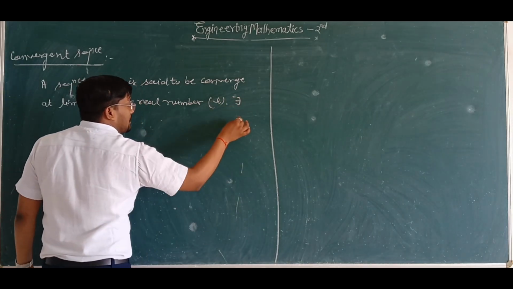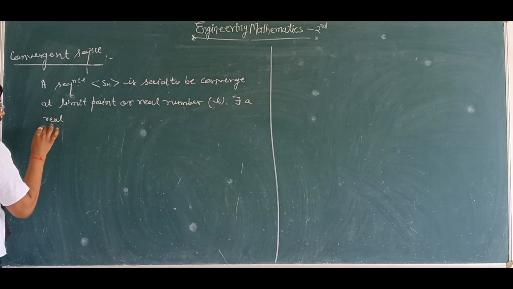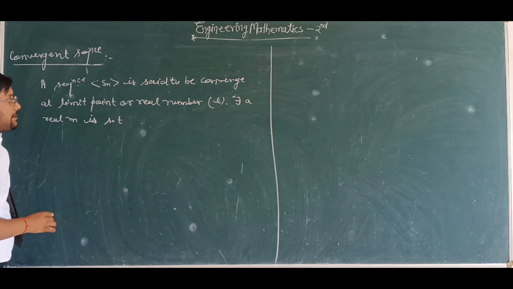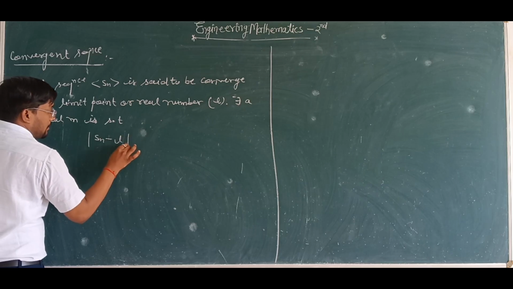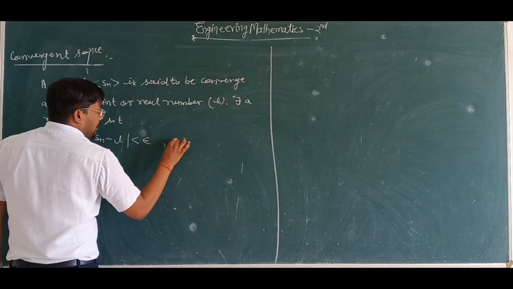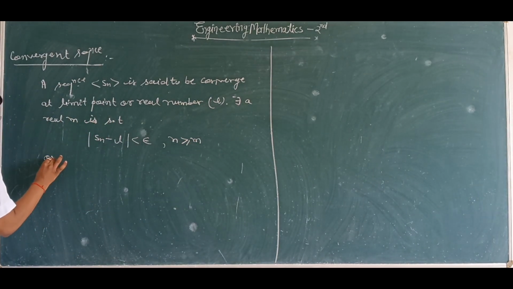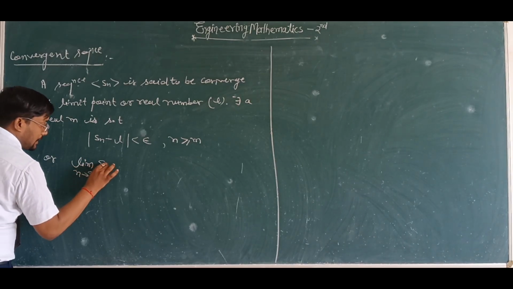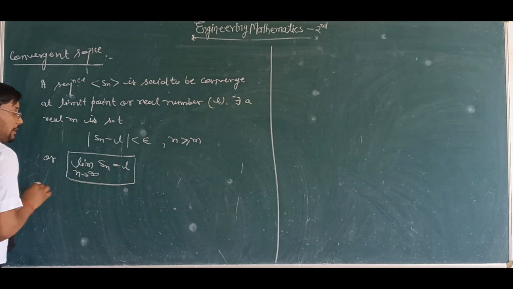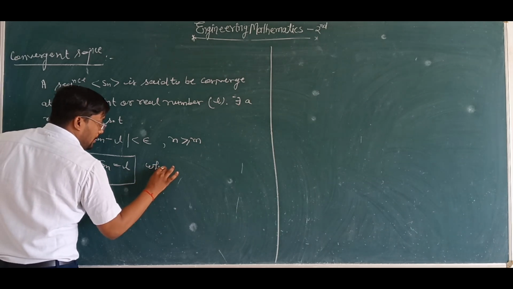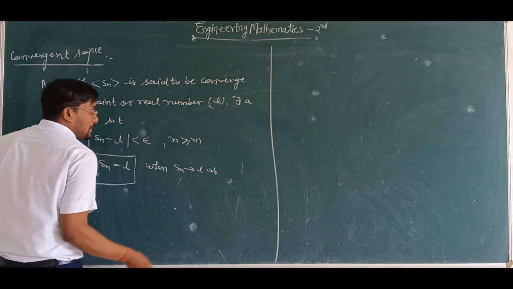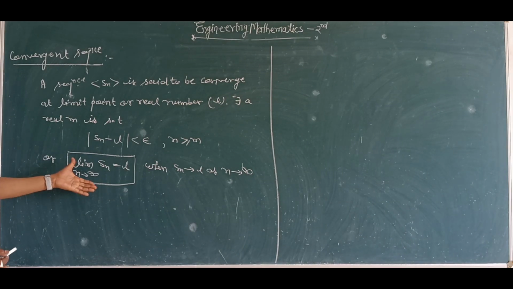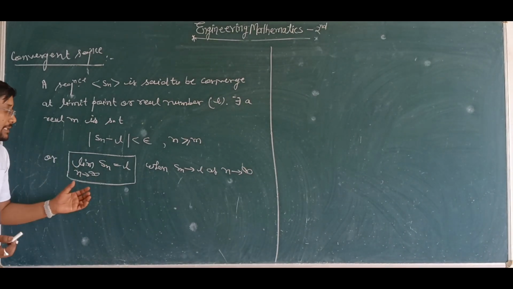there exists a real number m such that Sn minus L is less than epsilon, where n is greater than or equal to m, or you can simply write the limit as n tends to infinity of Sn is equal to L. Sn tends to L as n tends to infinity. Such a sequence is known as convergent.